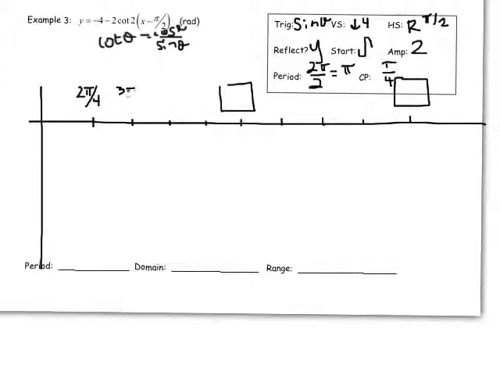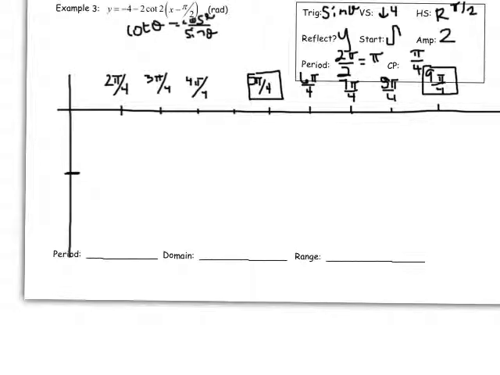So 3 pi over 4, 4 pi over 4, 5 pi over 4, 6 pi over 4, 7 pi over 4, 8 pi over 4, and 9 pi over 4 is where I'm ending. I need to go down 4, and from -4 I'll go down 2 to land me on -6, and up 2 to land me on -2. Oh, and -4 is my sinusoidal.